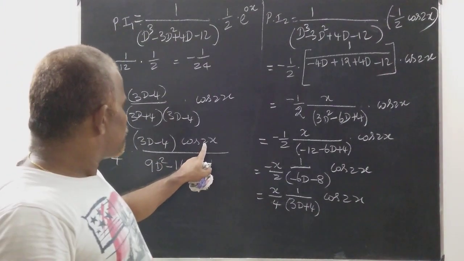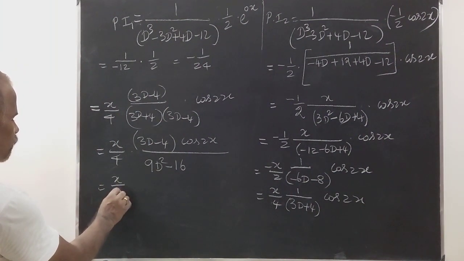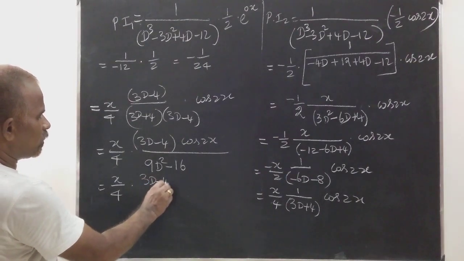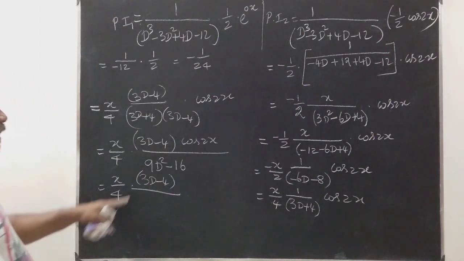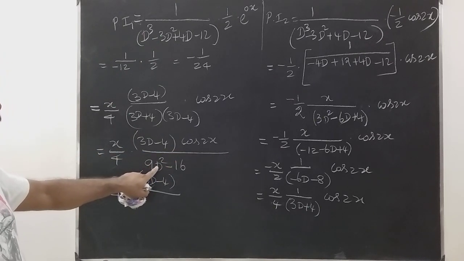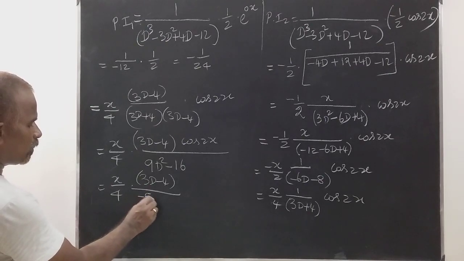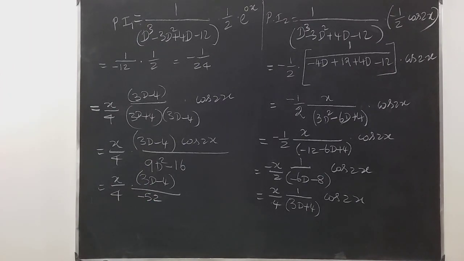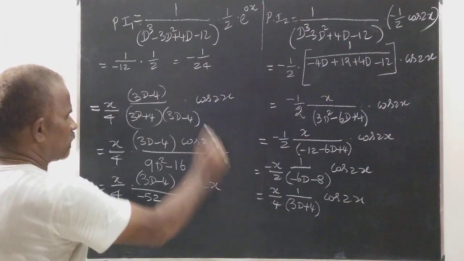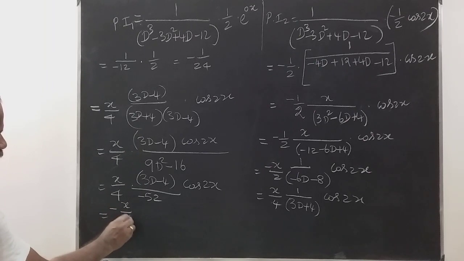Again D squared is minus 4. Therefore x by 4 into 3D minus 4 divided by minus 36 minus 16, which is minus 52, into cos 2x.